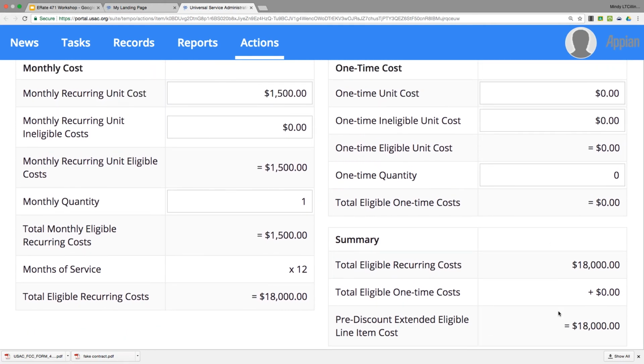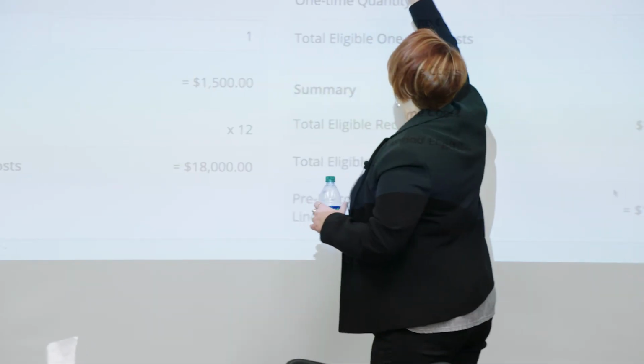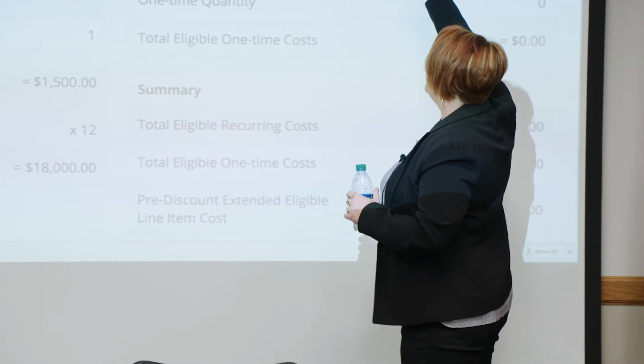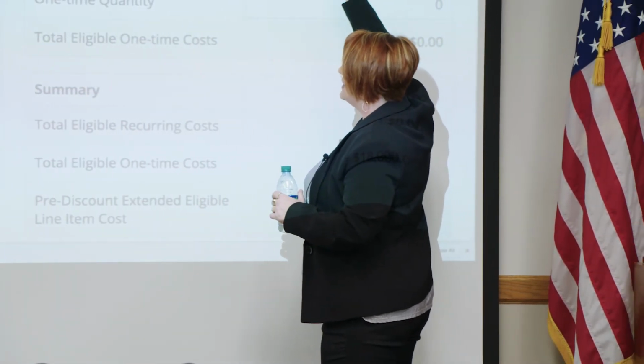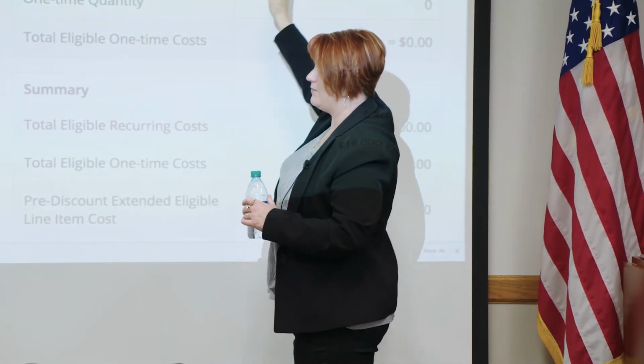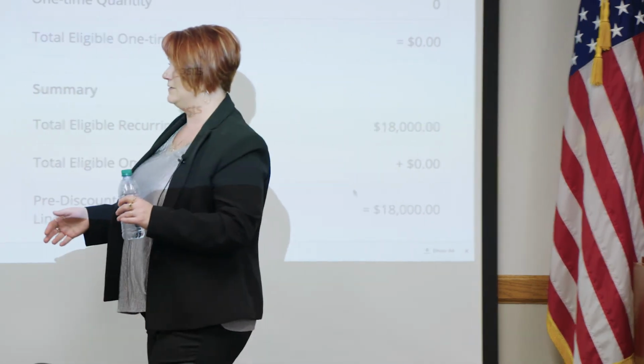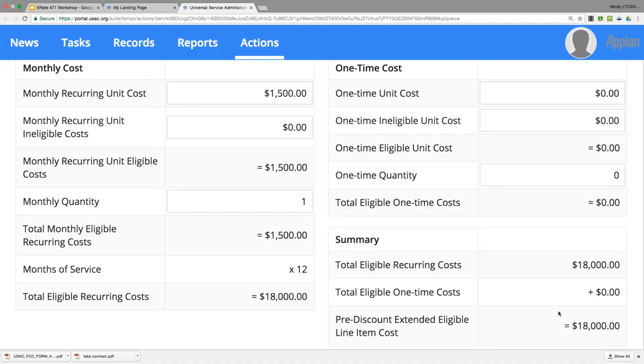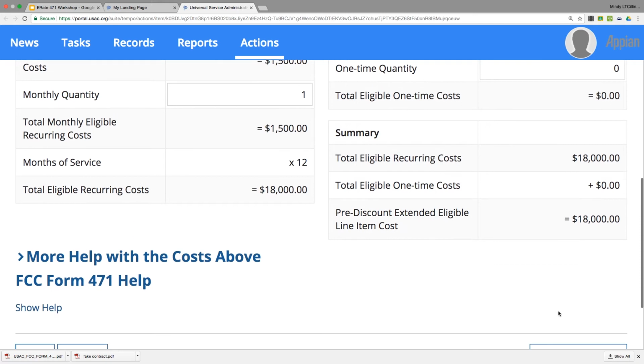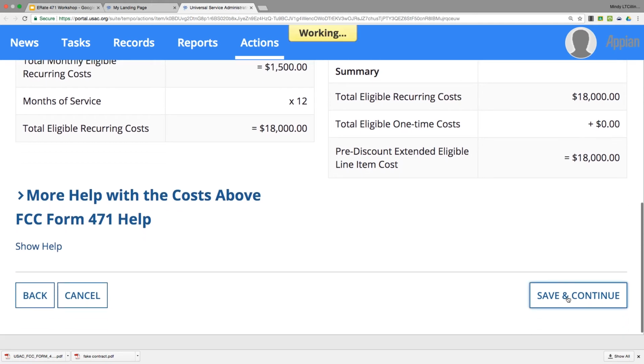Please note, if this had a new connection and I was paying $1,500 a month, but I had a one-time cost of build out of 20 grand, that does not go on this screen. They really want you to do them on opposite pages. So those are our monthly totals, and we are here at the end of our document, and we are going to go ahead and say save and continue.